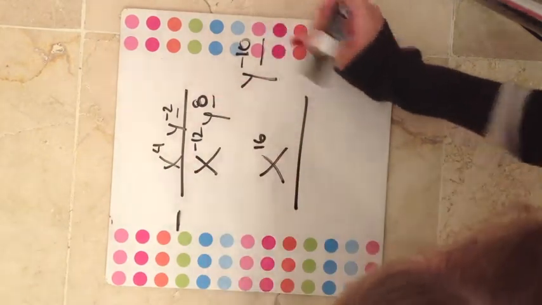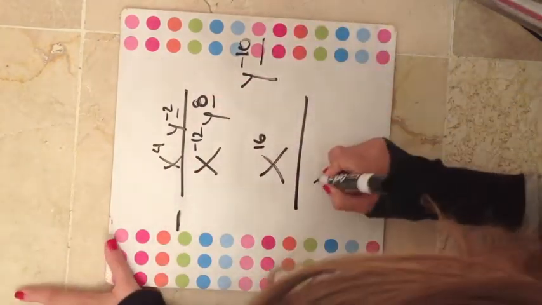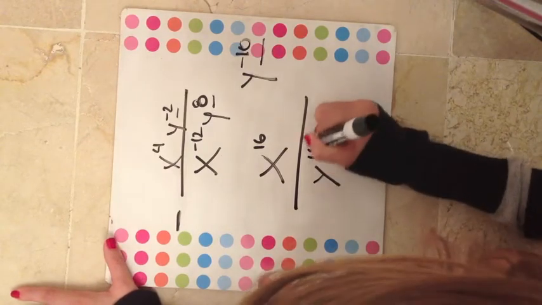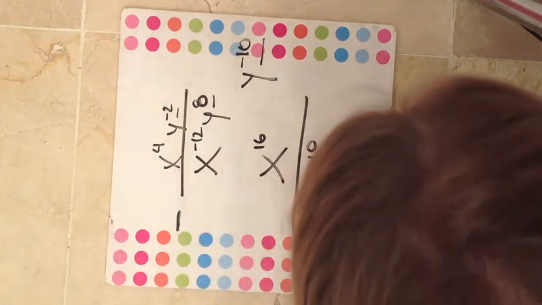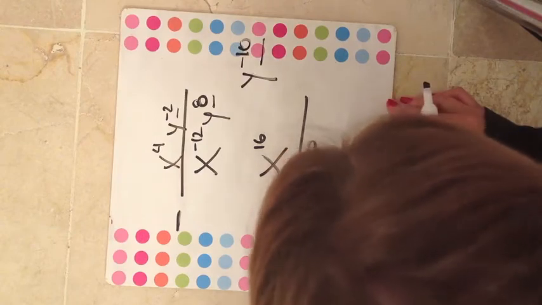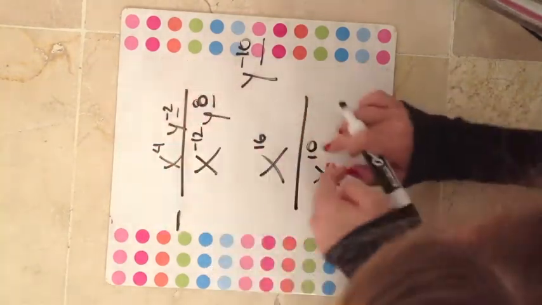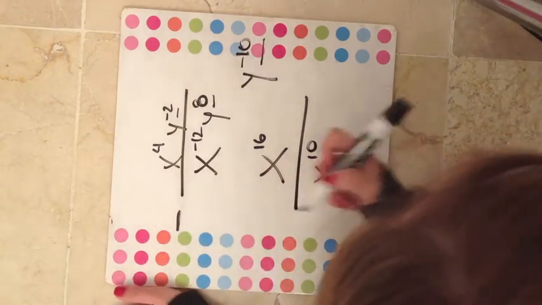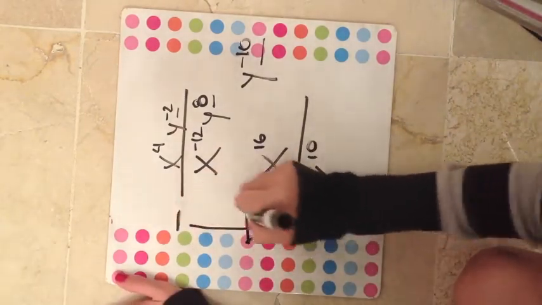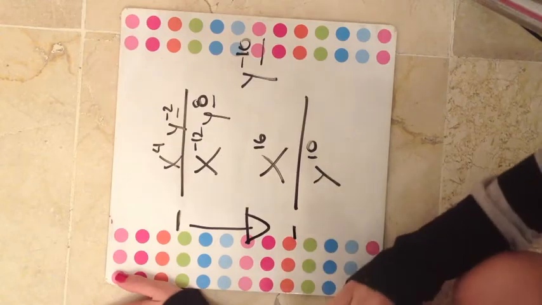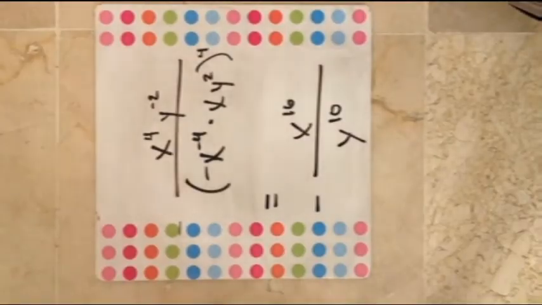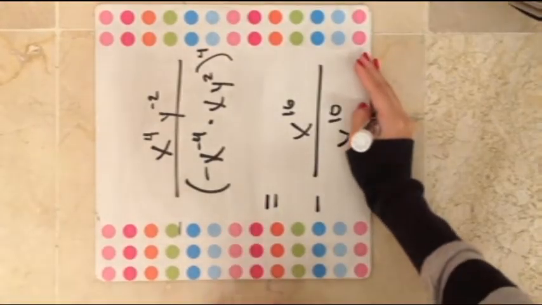So what you do is you put the y to the power of 10 in the denominator. As soon as you place that variable in the denominator, it automatically changes to a positive 10. And you just move down your negative sign. So this is your final answer.